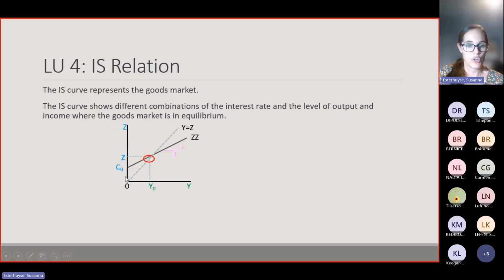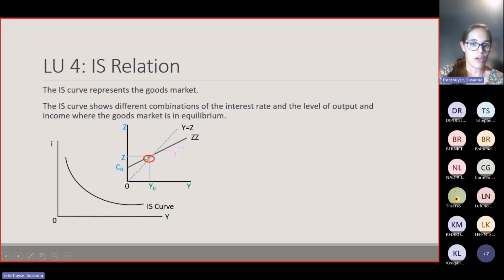So if you consider your goods market diagram, you know this point is where the goods market is in equilibrium, where the demand for goods is equal to the level of output and income. So your IS curve is literally made up of all these points of the different values for your level of output and income at different interest rates where this market is in equilibrium. So this point will be one of the points on this IS curve.